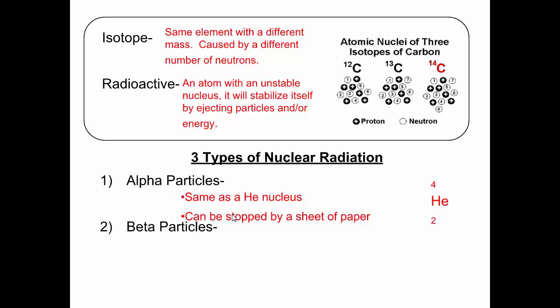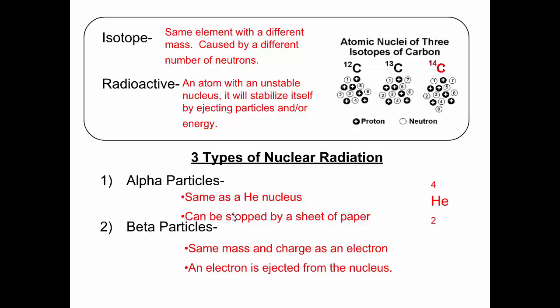Sometimes an atom gives off an alpha particle, and then it becomes stable. Other times, a beta particle may be given off. A beta particle is basically just an electron. Beta particles have a greater ability to penetrate.